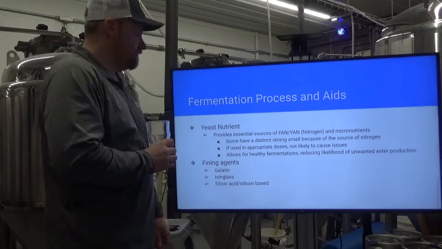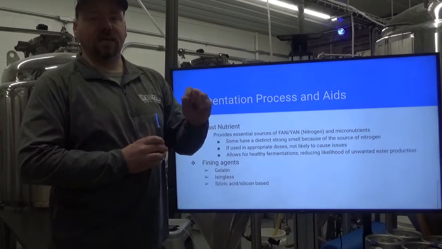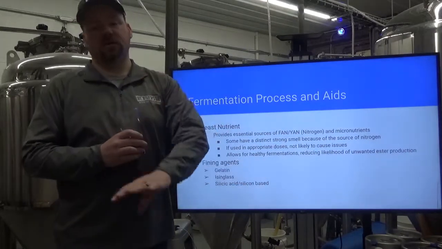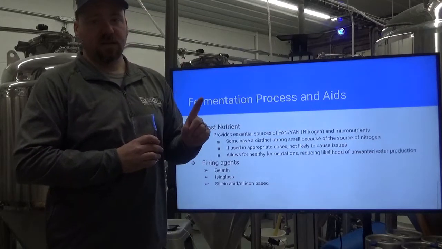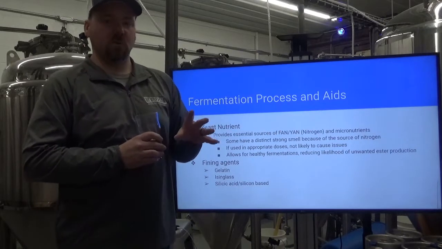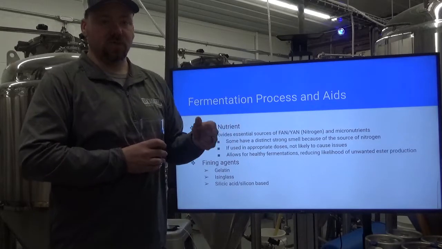Fining agents are not likely to directly cause any kind of flavor, but indirectly they do, by, number one, reducing yeast concentration, yeast suspension, and number two, reducing some proteins and some other potential flavor-active macromolecules as well.